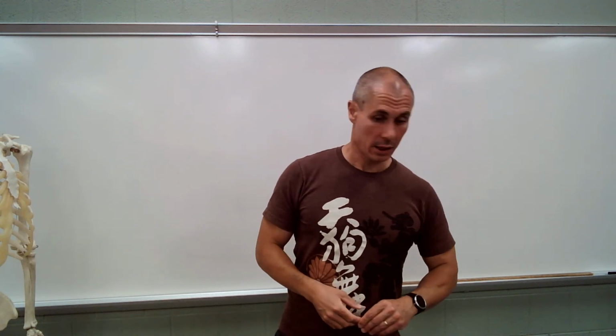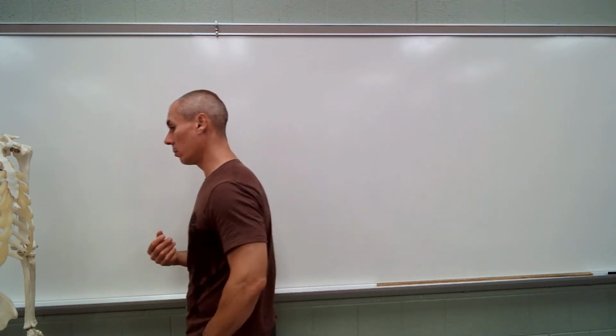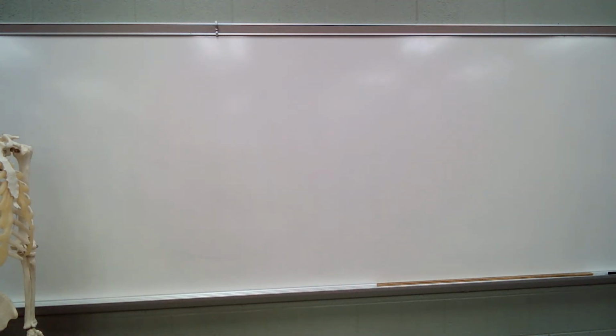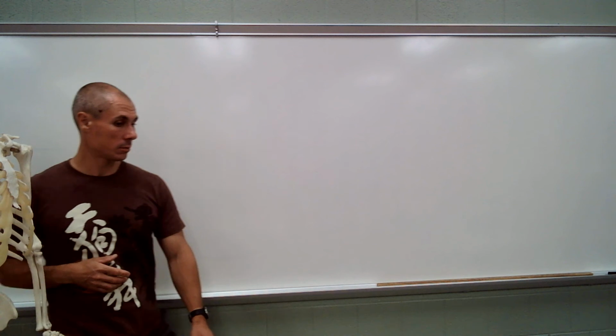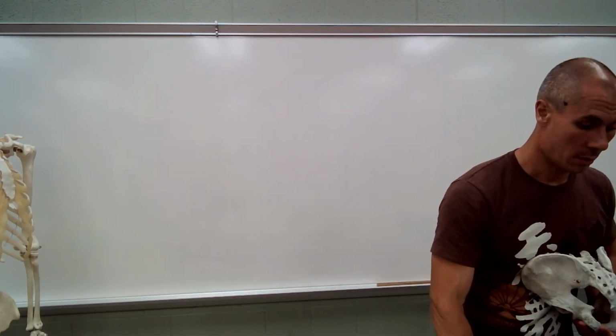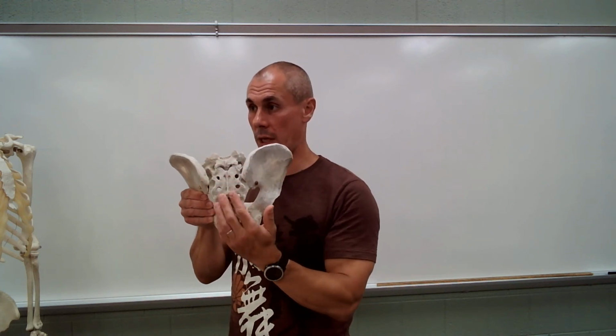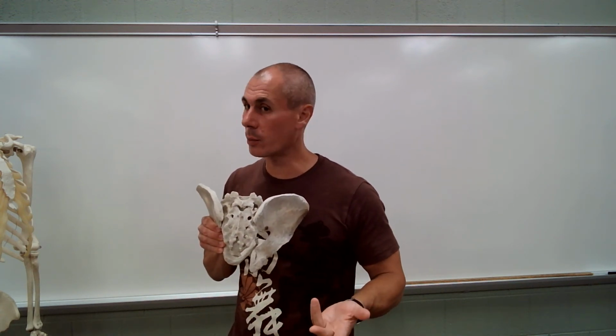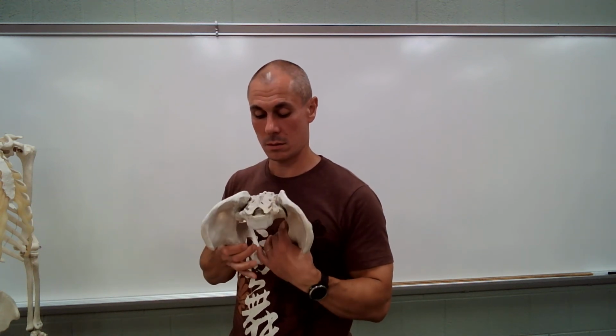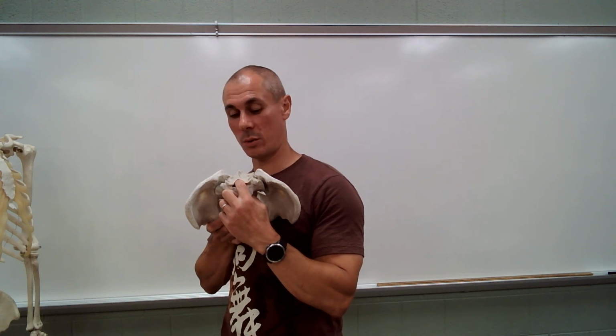Sacrum. We all have sacrum. So here's the sacrum. Basically 5 vertebrae fused together. You can see sacral canal here. That's where the cauda equina goes, extension of the spinal cord.